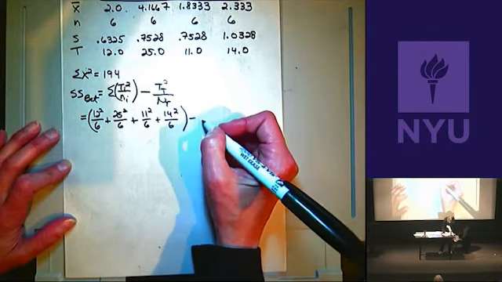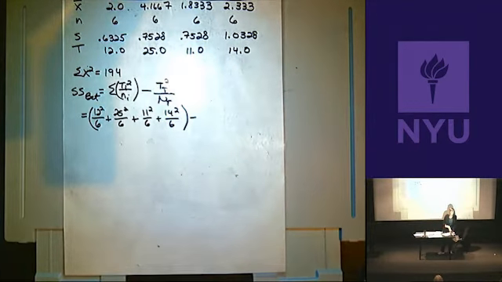By the way, what's T sub T here? How do I get it?